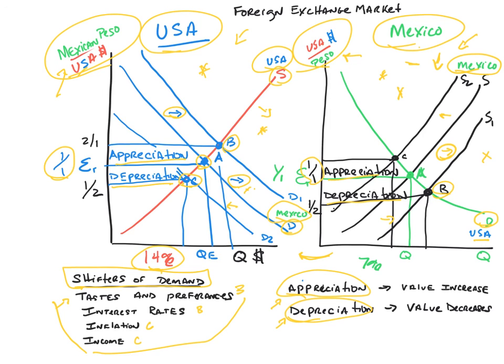It doesn't matter how you do it, just as long as you're able to explain it. The demand for Mexico's currency shifts to the left because people are now demanding the United States currency. So the demand over here shifts to the left, and the supply over here shifts to the right. So that's it. That is the foreign exchange market.